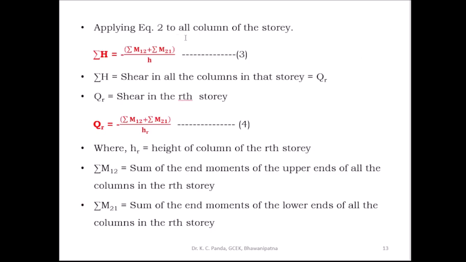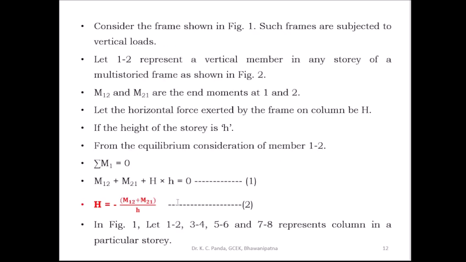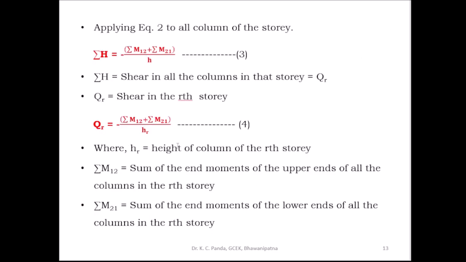Applying equation 2 to all columns of the story. So this is the horizontal force exerted on the column. Apply this horizontal force to all columns of the story. So the summation of H is equal to minus (summation of M12 plus summation of M21) divided by h. This is equation 3.